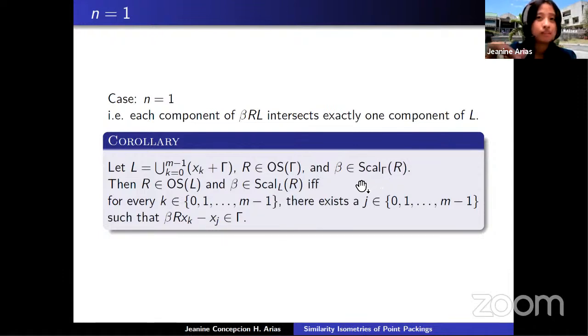And thus we have the following corollary of our previous result. Here, each component of beta RL intersects exactly one component of L. The planar examples that we will discuss later fall under this case. But before we go there, let us look at this example of n equals 1.